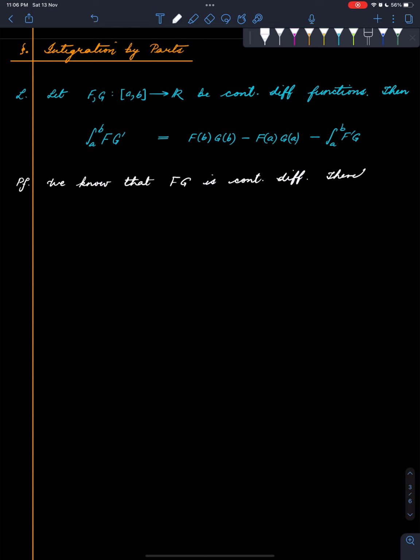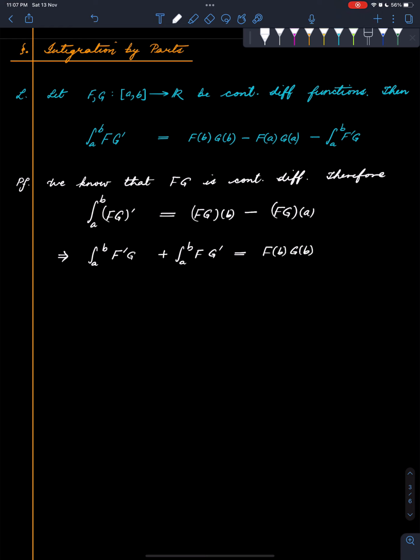Therefore, by the fundamental theorem of calculus, if you integrate this from a to b, you get this value at b minus this value at a, which is the same as saying, now here we apply the product rule of differentiation, so this is the integral from a to b of f prime g, plus the integral from a to b of f g prime, and the thing on the right side is of course f(b)g(b) minus f(a)g(a), because that's what it means to evaluate the product of two functions at a point.